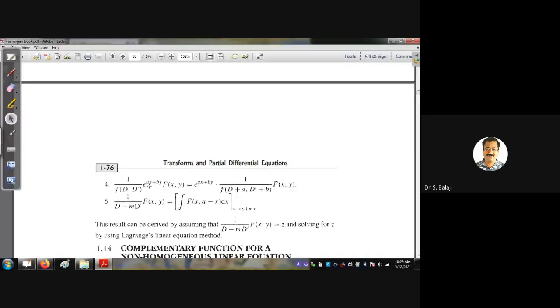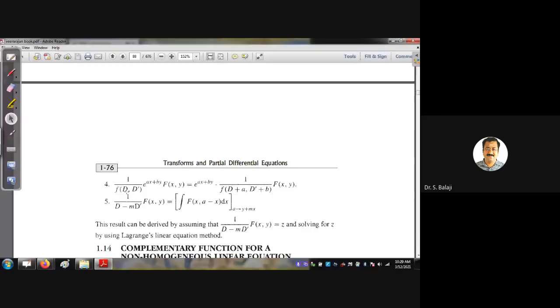We can proceed by the shortcut idea: when exponential is in the product, you replace d by d plus a and d dash by d dash plus b, the coefficients of x and y of the exponential, then you can get some other function.